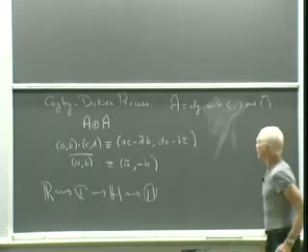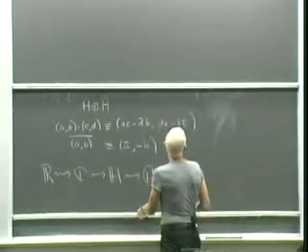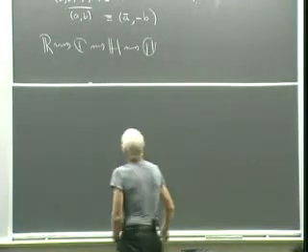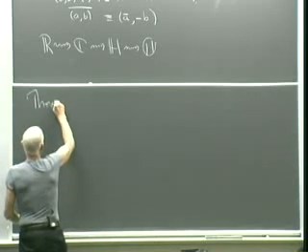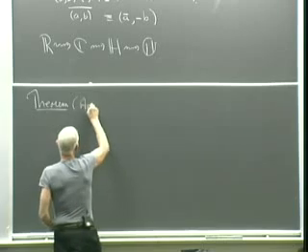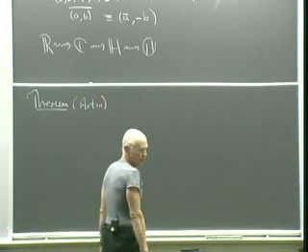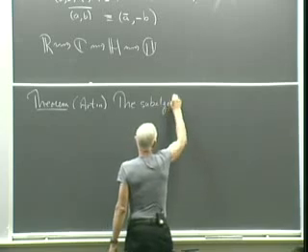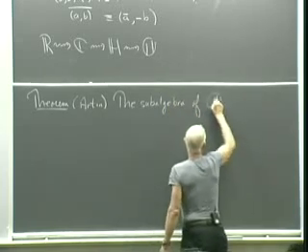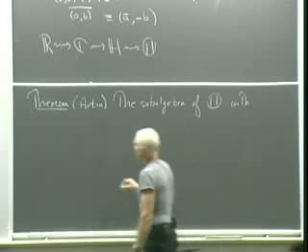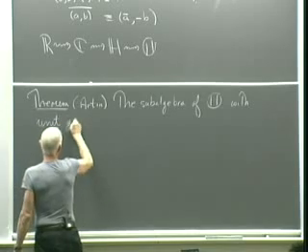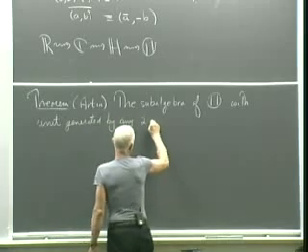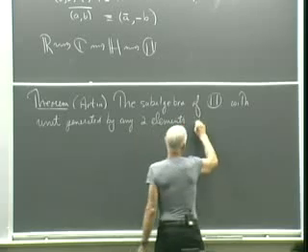Now, while the octonions are not associative, they have some nice properties, and one of the most useful properties is a theorem due to Artin, which says that the subalgebra of the octonions generated, with unit, by any two elements is associative.